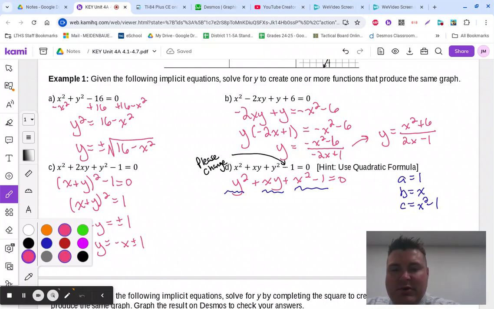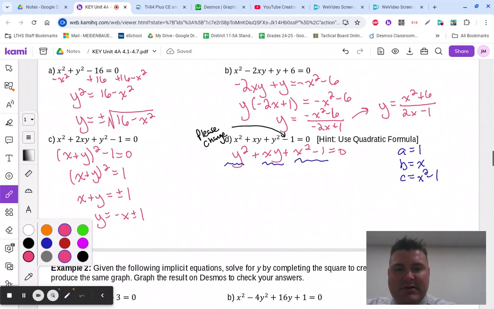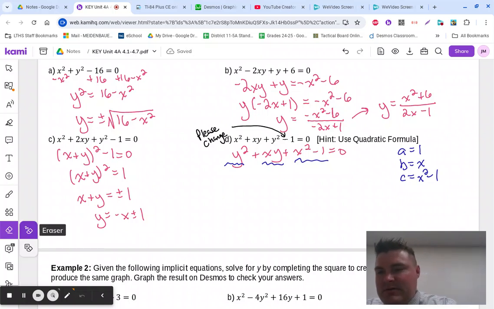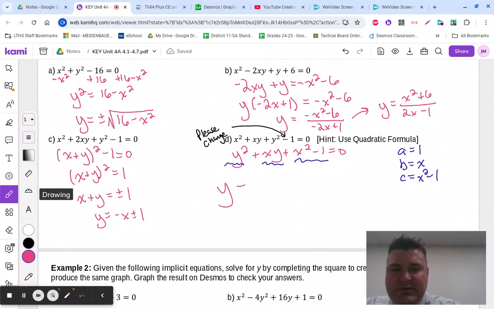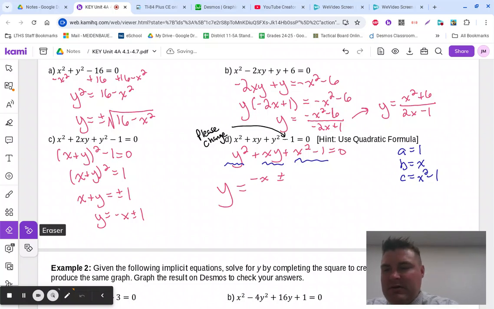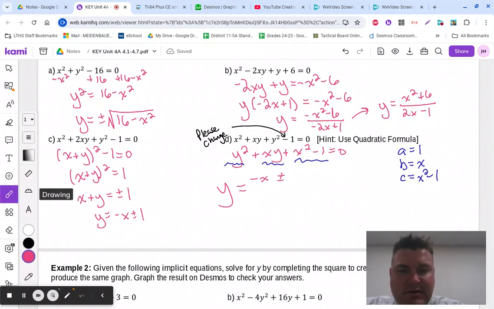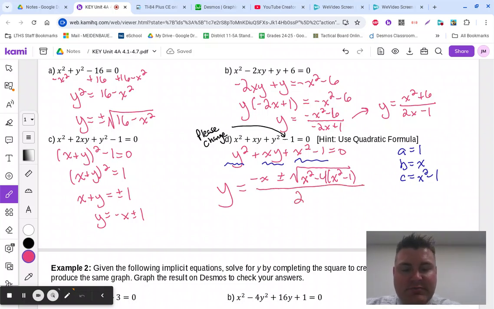Okay, so we're going to do y equals. Oh boy, what happened? Well, oh boy. Okay, we're going to get y equals -b plus or minus square root. Oh boy. One of these days. -b plus or minus square root of b squared, which is going to be x squared, minus 4 times a is 1, and then c, which is going to be x squared minus 1, all over 2a, which is just 2.